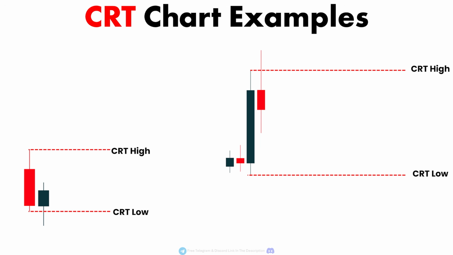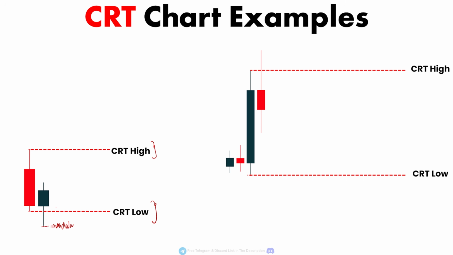So most of the time, when you see a candlestick like this, we will be looking to enter the market because you have the CRT low like this and the CRT high like this. If you want to at least be precise, you can just say this is your invalidation level.